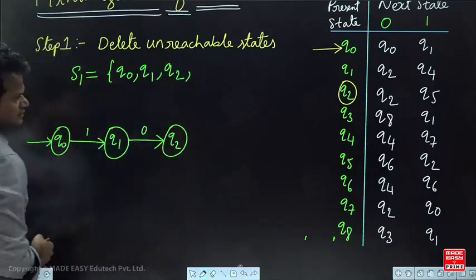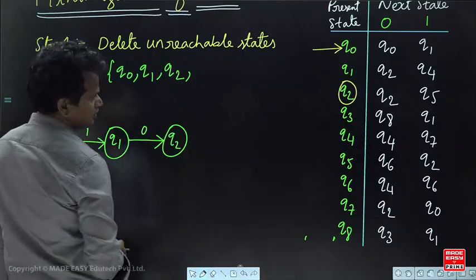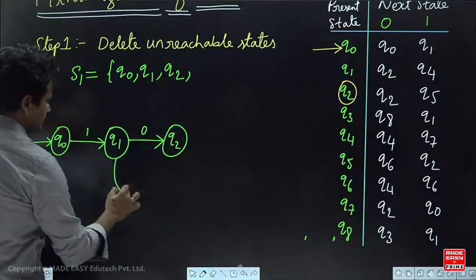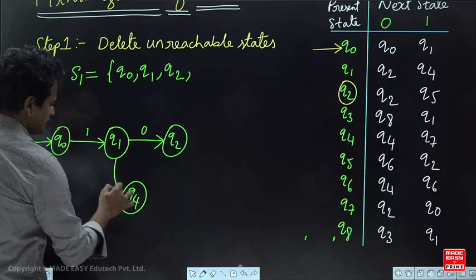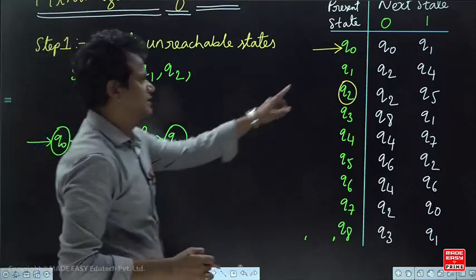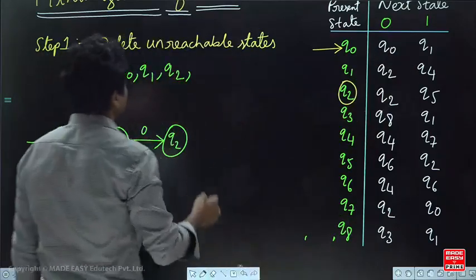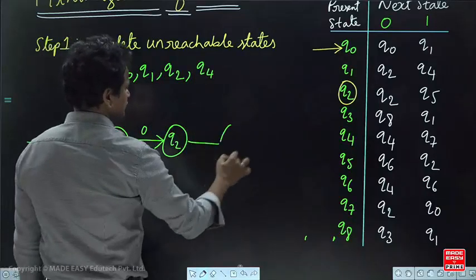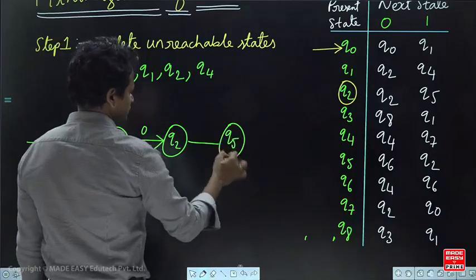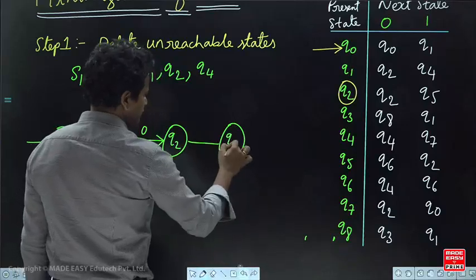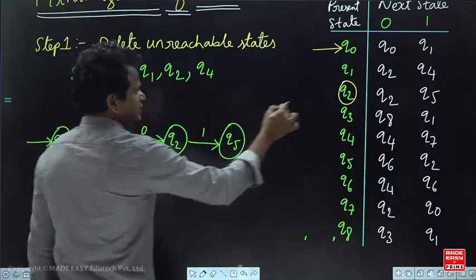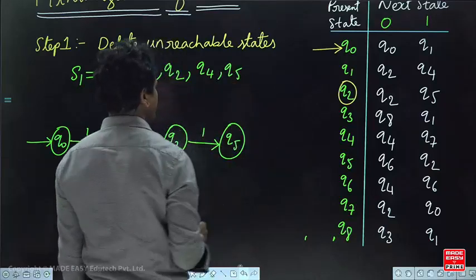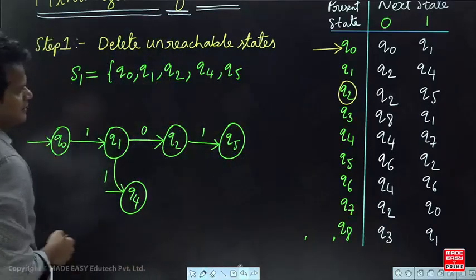Then Q1 on 1, you can reach Q4, so Q4 is also reachable. And Q2 on 1, you can go to Q5, so Q5 is also reachable.